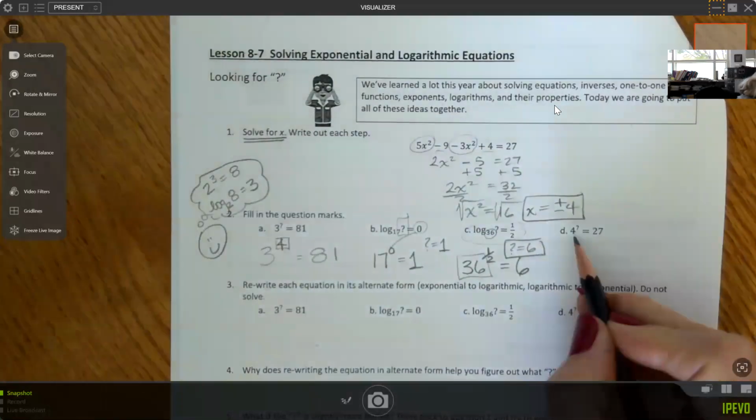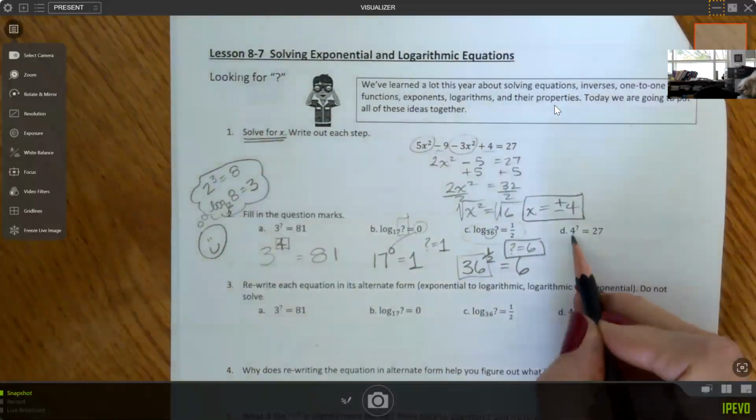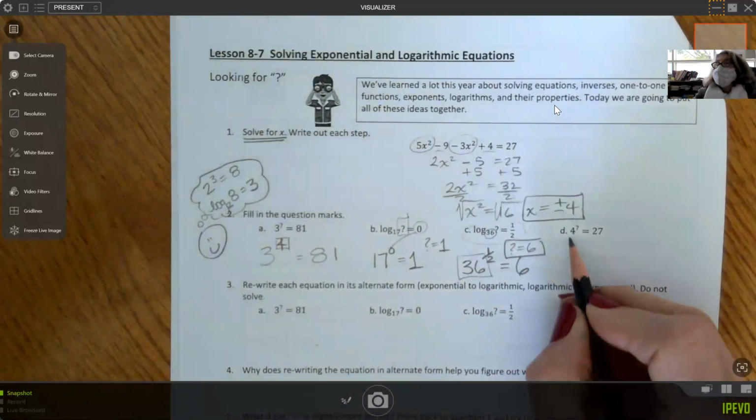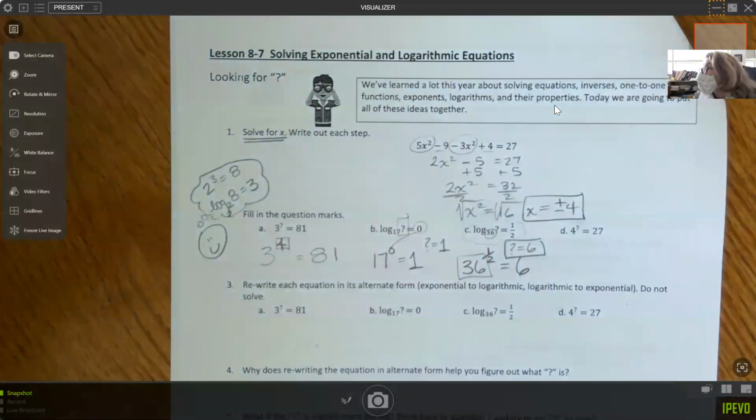Then this one, we know doesn't work out evenly, because 4 squared is 16 and 4 cubed is 64. So I look at this and it's not going to work out evenly.